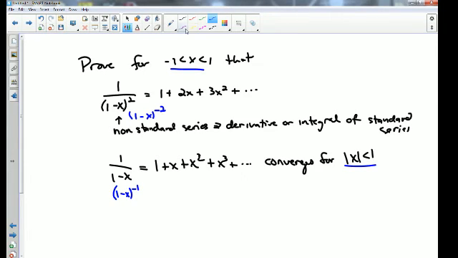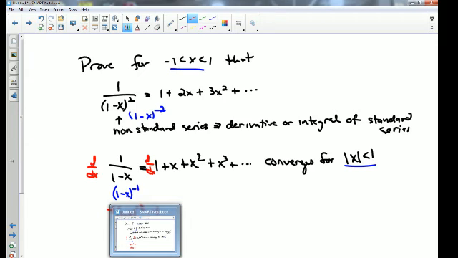So if I derive that, you're going to get 1 minus x to the negative 2. So you bring it down, subtract 1, and then the chain rule requires that we have another negative, right? So we get 1 over 1 minus x squared.